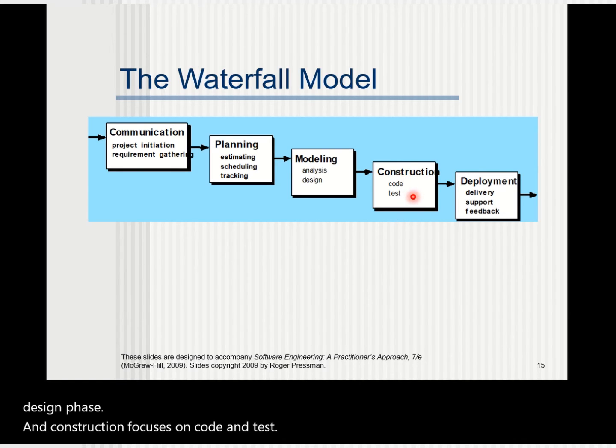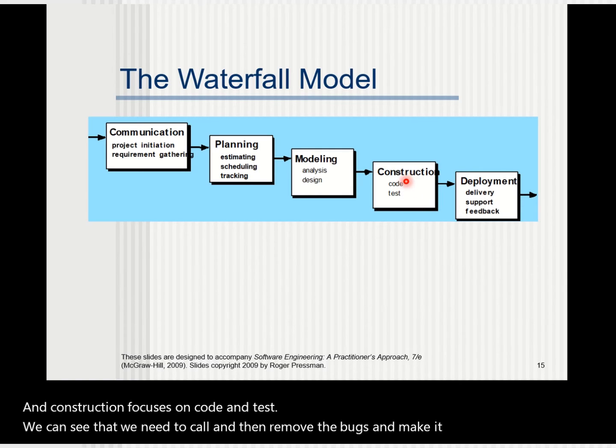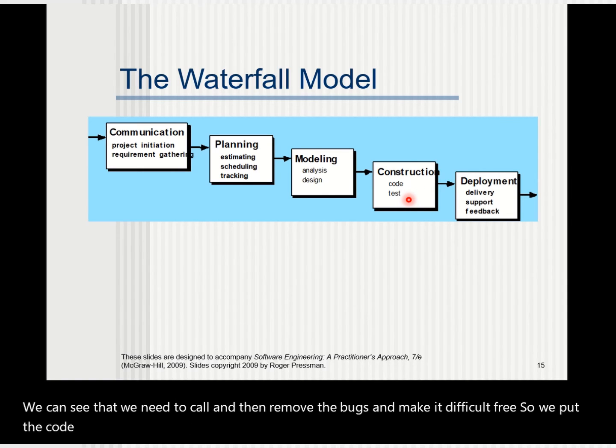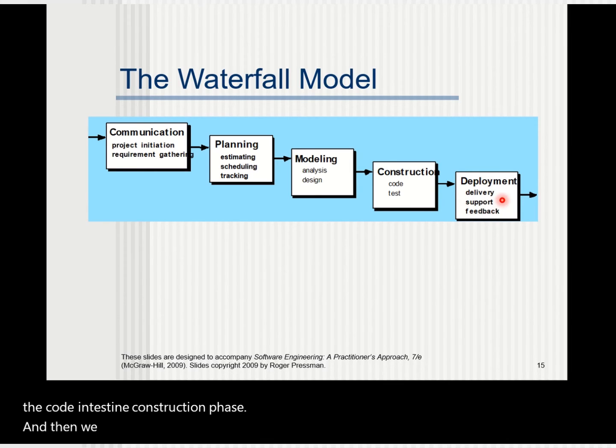We can see that we need to code and then remove the bugs and make it defect free. So we put the code and test in the construction phase alongside. And then we have deployment, where we provide delivery and support feedback mechanism.